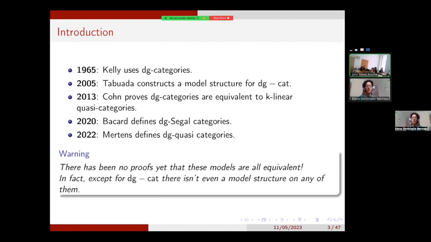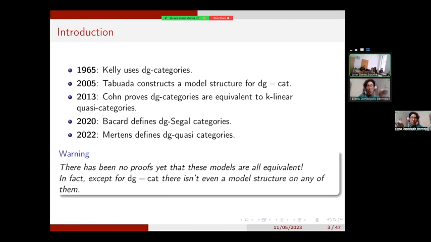So as a way to make things simpler, it is perhaps not the best tool. And then we have, in 2020, Bacard defines DG Segal categories. And in September of last year, very, very recent, Mertens defined DG quasi-categories.